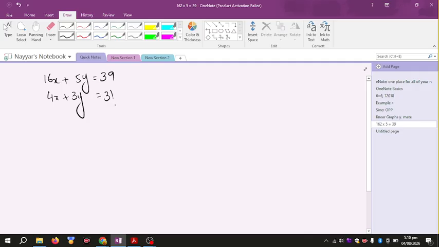So for elimination you should keep in mind that you can eliminate the variable only if the values are the same and the signs are opposite.